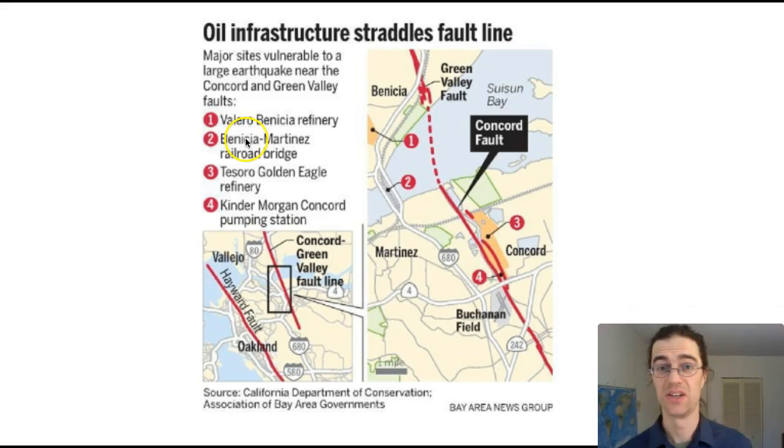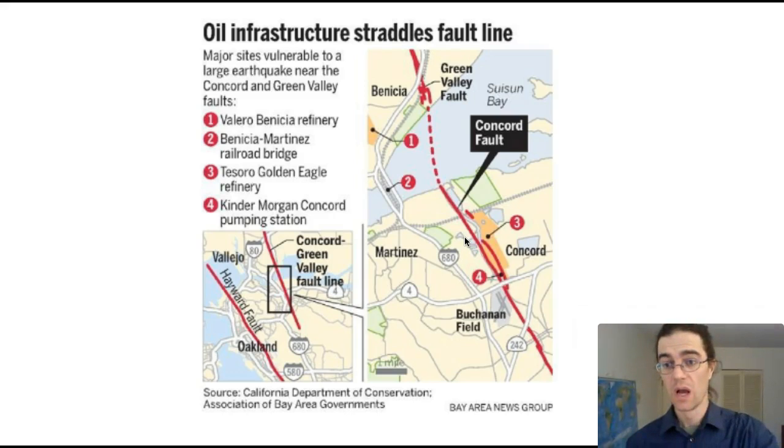You can see here the Valero Benicia refinery, the railroad bridge, the Tesoro Golden Eagle refinery, quite close to us, and then as well the Kinder Morgan Concord pumping station, all located very close to the Concord Fault. So highly susceptible to damage and destruction and potential disaster from earthquake along the Concord Fault, and the Hayward Fault being quite close as well.